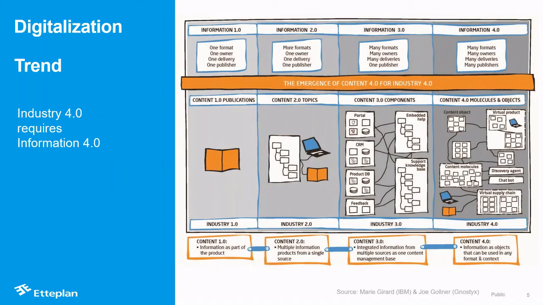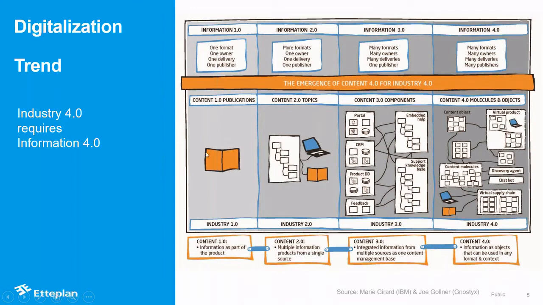Okay, this is a slide that has been used in the previous two webinars. So I'm not going into detail about what this slide means, but I can go through it shortly. There is a relationship between the maturity of the industry, 1.0 as a start, 2.0, 3.0, 4.0, and the maturity of the information that goes with that maturity level of the industry.